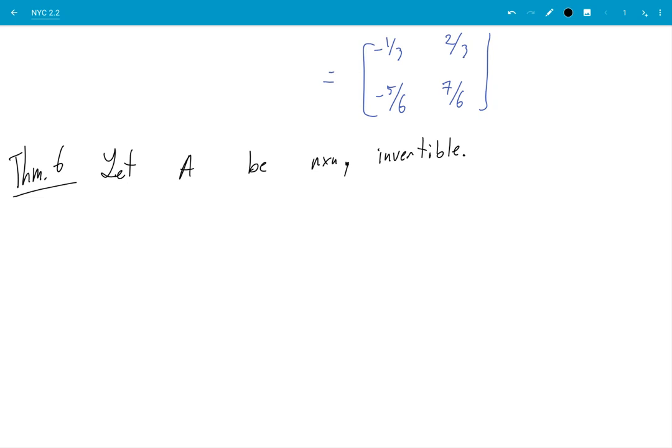You cannot expect A inverse to always exist. Maybe we'll talk about some cases where it doesn't exist shortly. But for now, let's just do some stuff.